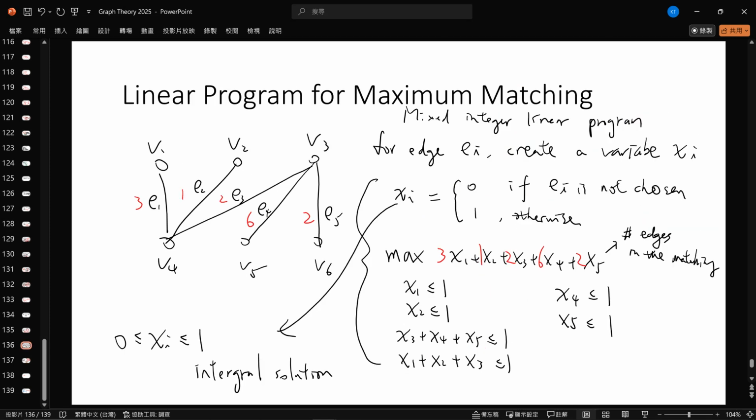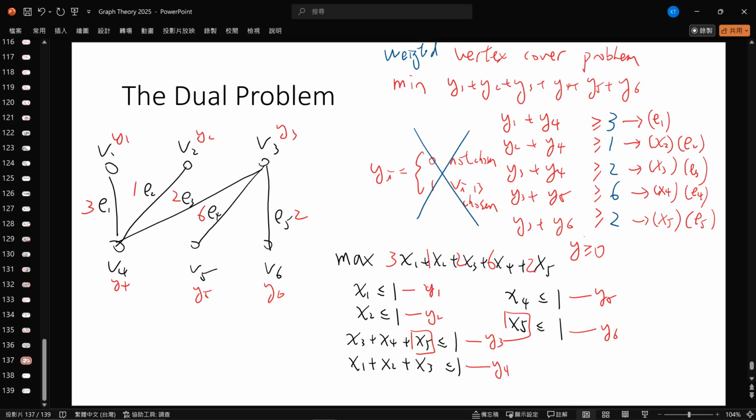In the unweighted problem, the left-hand side is just the sum of the dual variables of the endpoints.